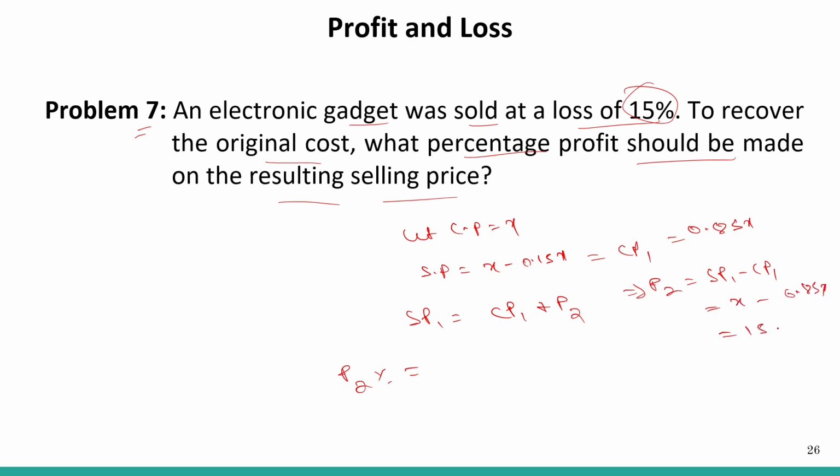So the profit is 0.15X, and dividing by the cost price 0.85X into 100, this is nothing but 3 by 17 into 100. So this much amount in percentage.